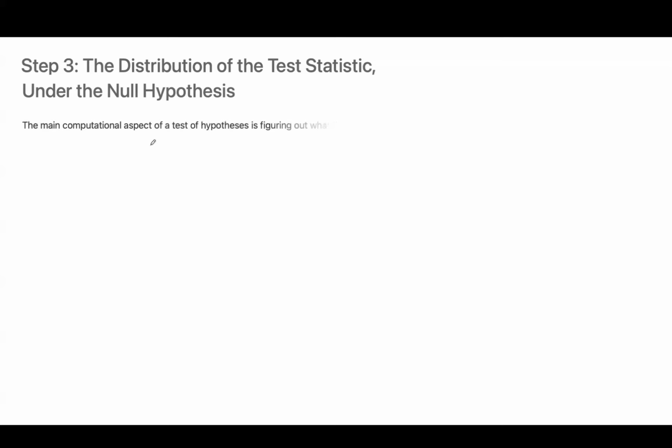Let's take a look at step 3, the distribution of the test statistic under the null hypothesis. The main computational aspect of a test of hypothesis is figuring out what the model in the null hypothesis predicts. Specifically, we have to figure out what the values of the test statistic might be if the null hypothesis were true. Now, the test statistic is simulated based on the assumptions of the model in the null hypothesis.